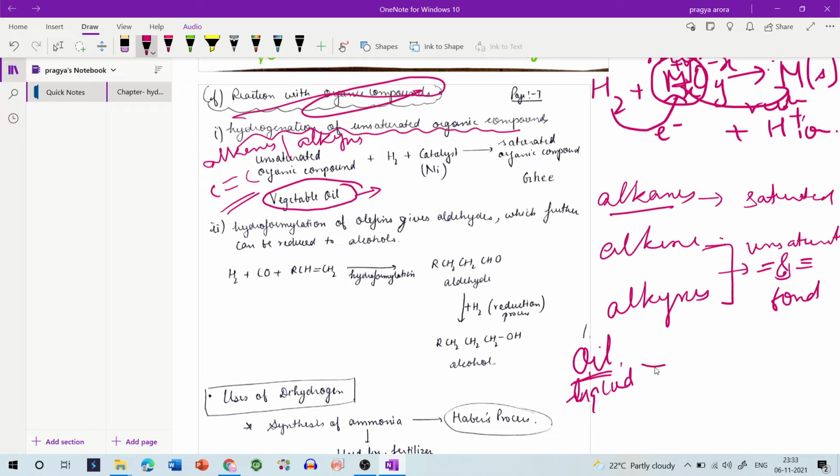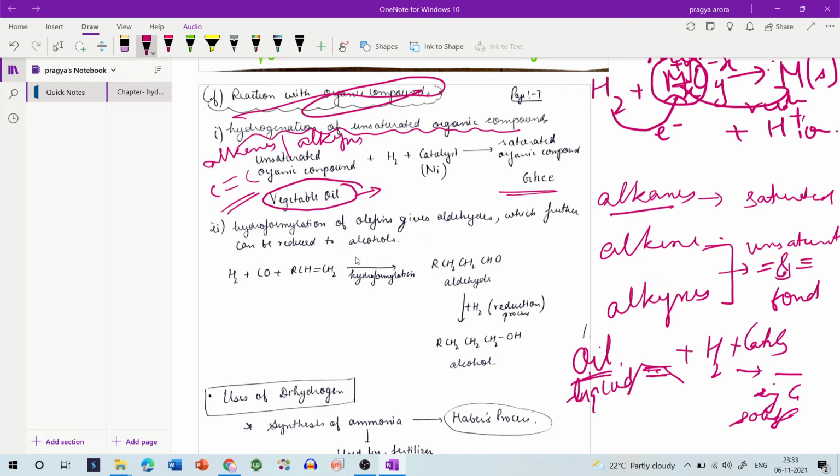These are unsaturated, containing double bonds or triple bonds, but when we use hydrogen in the presence of catalyst nickel, these double bonds are reduced to single bonds, and once converted into single bonds, they might get solidified. That's why we see ghee as the solid one and vegetable oil as the liquid one, and this is a very important reaction, the conversion of vegetable oil into ghee.